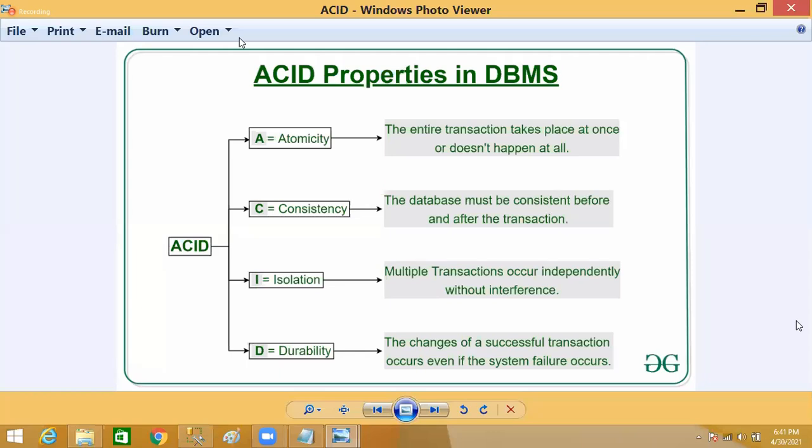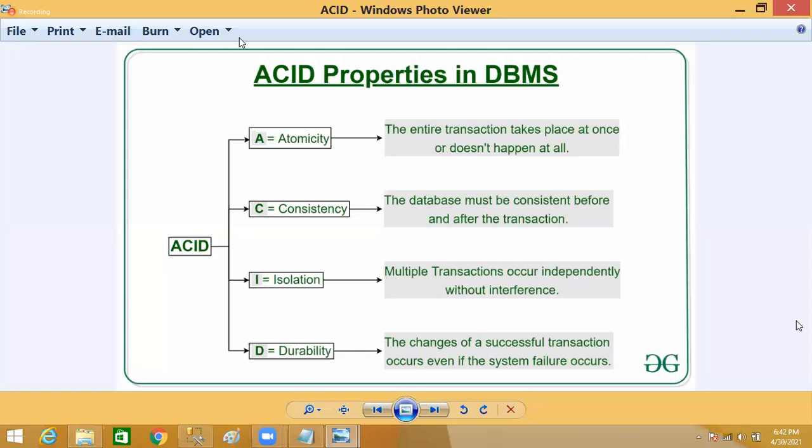ACID stands for A, atomicity, C, consistency, I, isolation, and D, durability. Every database manages and maintains transactions in a proper, systematic manner with the help of ACID properties.